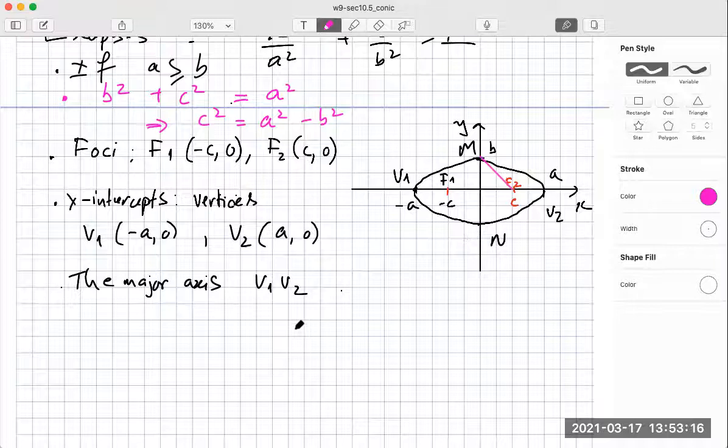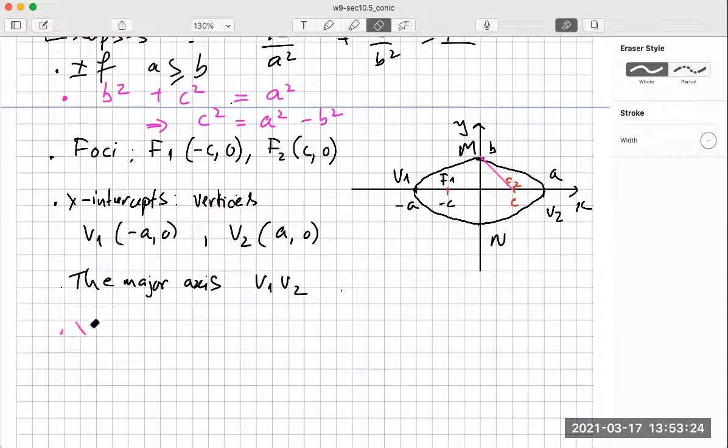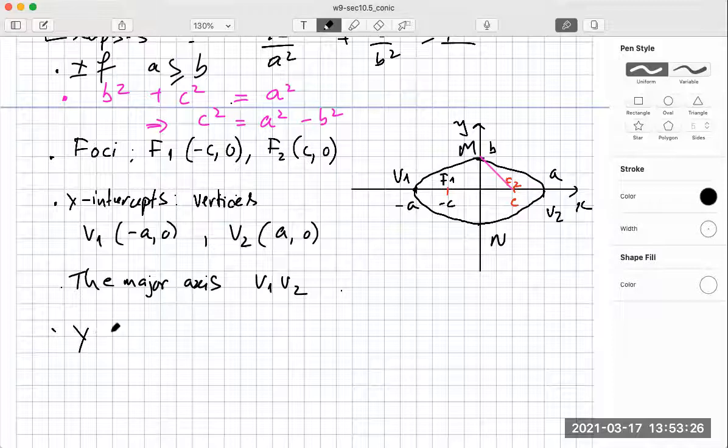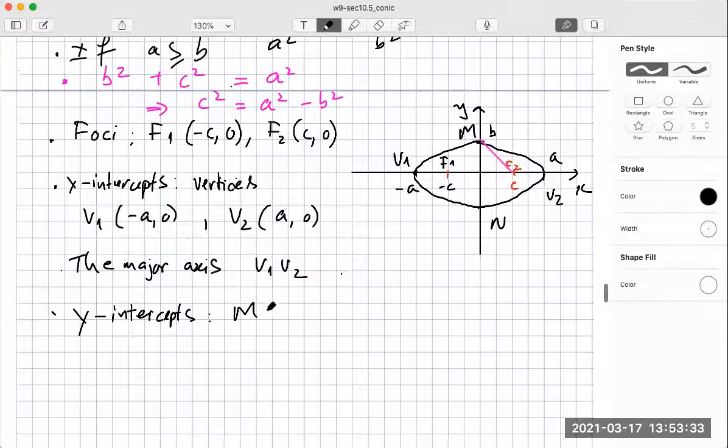So what we need to know more is the y-intercepts. We call it the point M, or you can name whatever name you want, but the coordinate will be, what is it?